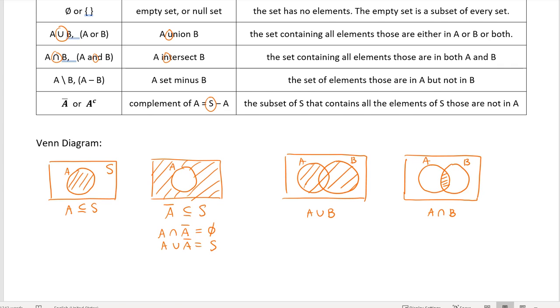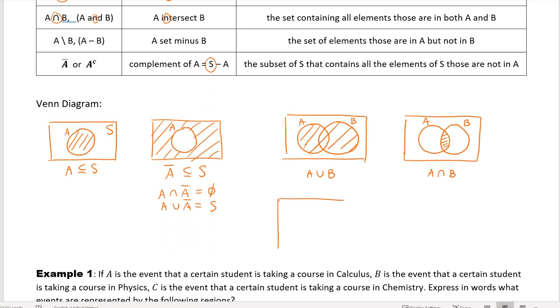Okay, let's draw more. How about this piece? Notice that this piece is in A but not in B, so we can use A minus B. It's in A and not in B. Not in B means it's in the complement of B, right?